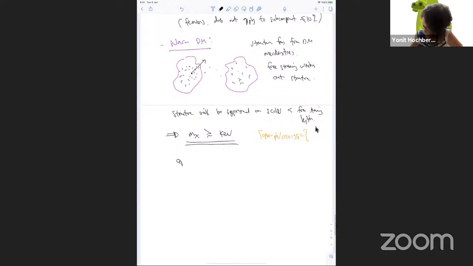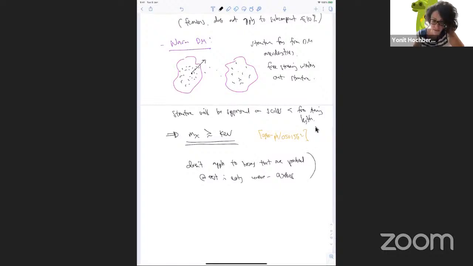So this does apply to thermal relics. Or let's say it more generally, what it doesn't apply to: bosons that are produced at rest in the early universe, and in particular, it doesn't apply to axions.